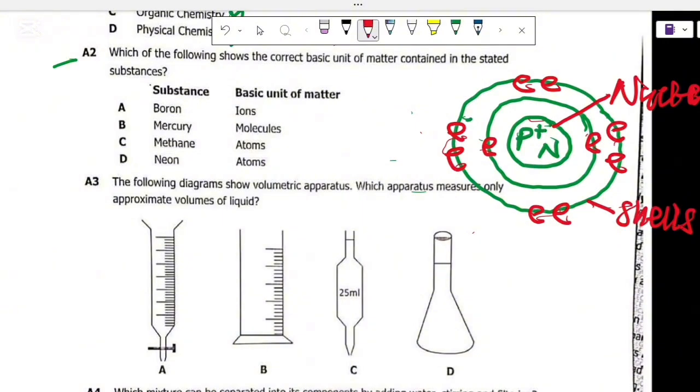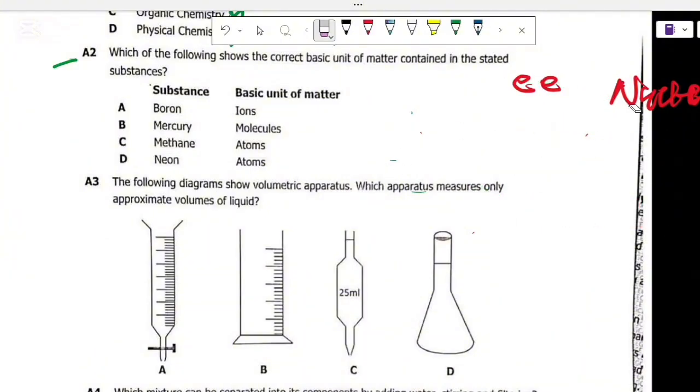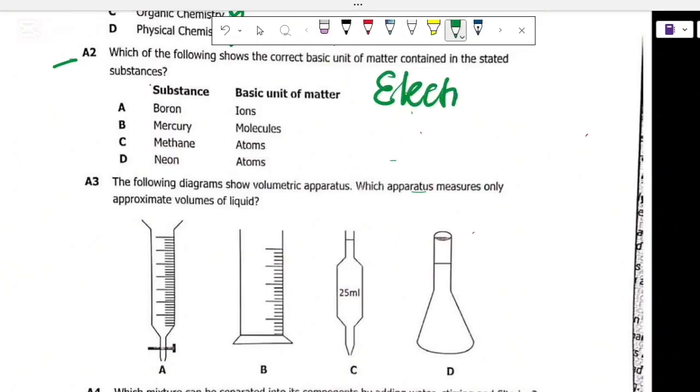Now, the other important point that you have to understand here is, we say that an atom is electrically neutral. Let me write this. Electrically neutral. You might be asked, what does it mean by an atom is electrically neutral?